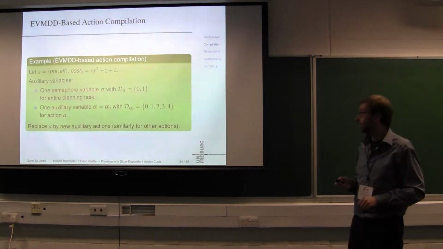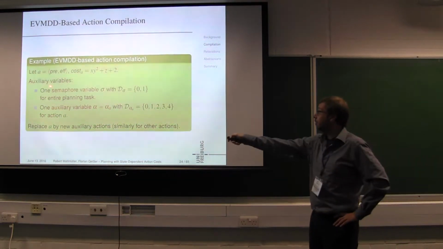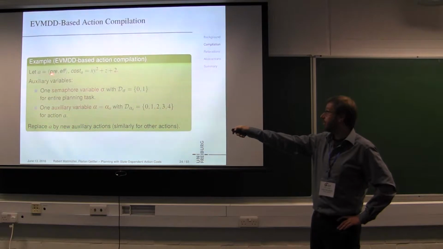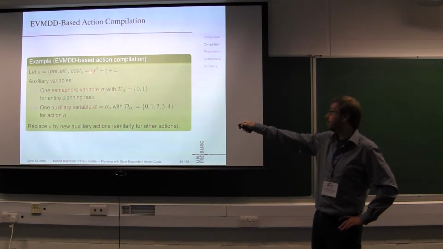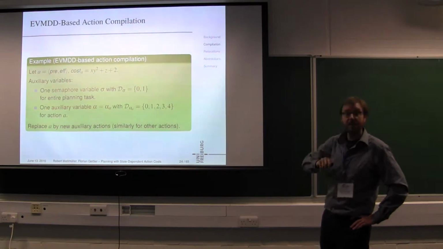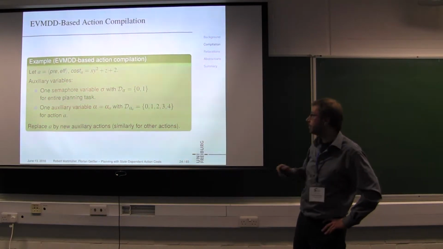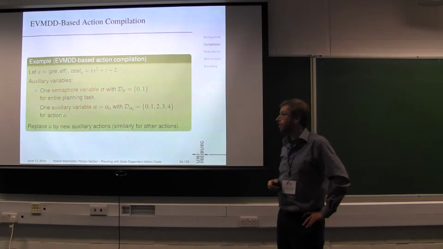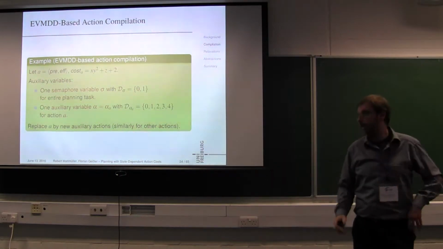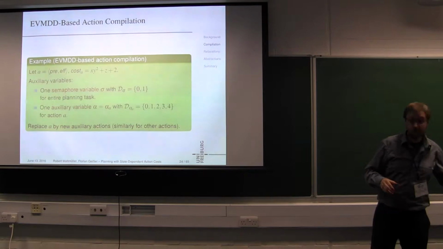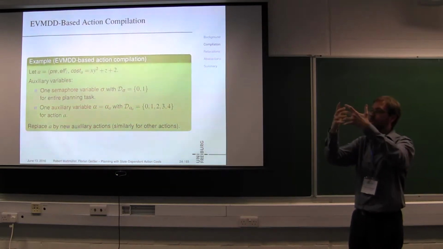Compilation is simple now that you get the idea. Let's say we have an action A with precondition P and effect F, and this cost function from before, xy squared plus z plus 2. To define this compilation, all we need are a couple of auxiliary variables. One is a semaphore variable that can only be true or false, to make sure that we don't accidentally interleave 2 compiled actions.